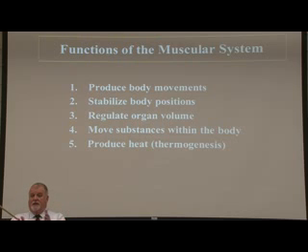Elderly people, both men and women, because they lose muscle mass with the aging process, tend to be much colder than younger people and get cold more easily. And it's all based upon muscle mass in the body and the generation of ATP that creates the body temperature that we maintain.